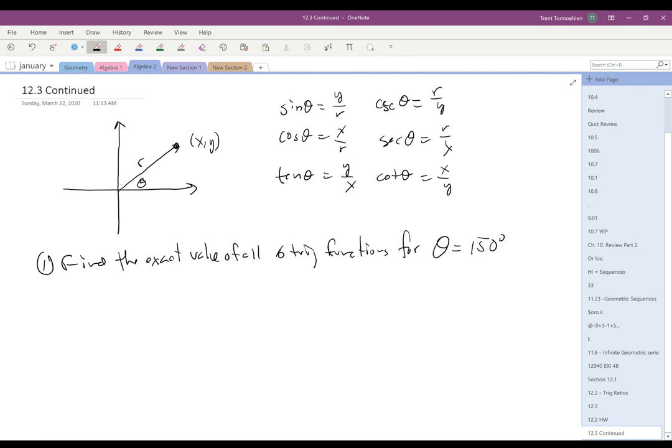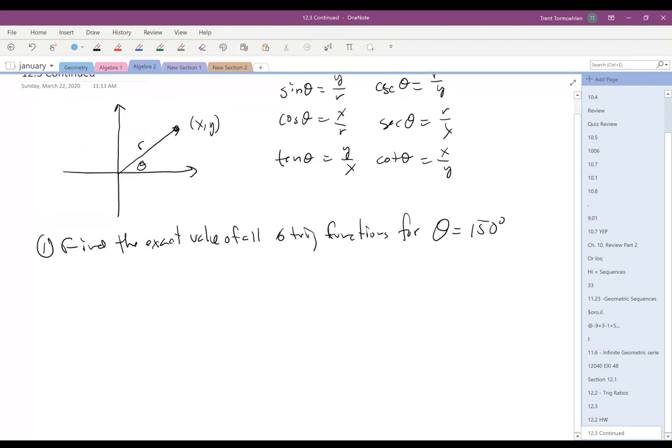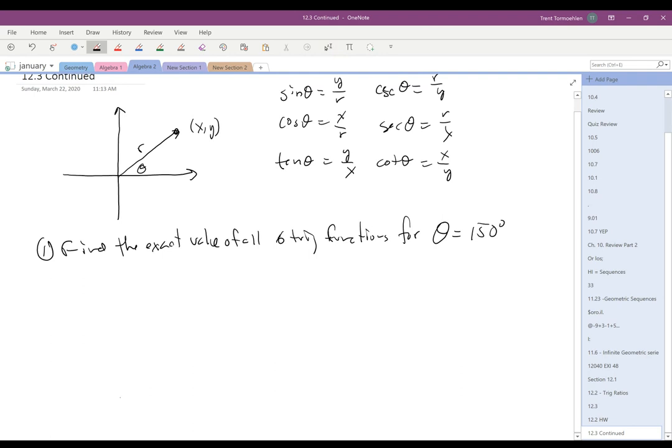All right, so to begin with, we need to draw in a 150 degree angle. It's going to come around like this, and we're going to have a point here. This is 150 degrees, and that means the reference angle is going to be 30. So we have a 30, 60, 90 degree triangle that we're working with.